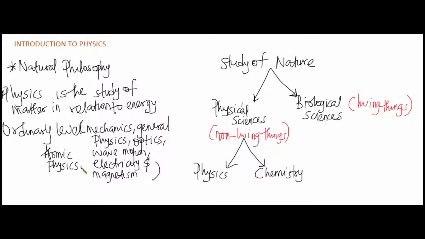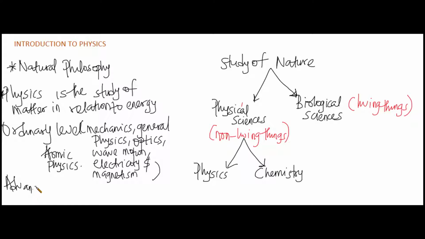So that's what atomic physics is, things we can't see with our naked eyes, that we have to use some special instruments such as a microscope to try and examine things that are not easily seen by the eye. You can't even see them with your eyes, because these are at a very small atomic size, very small. So let us now look at some aspects of physics at advanced level.